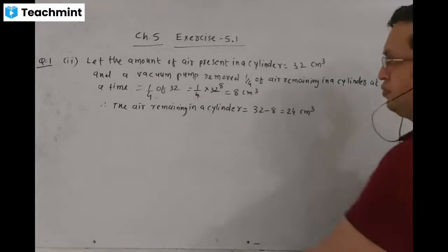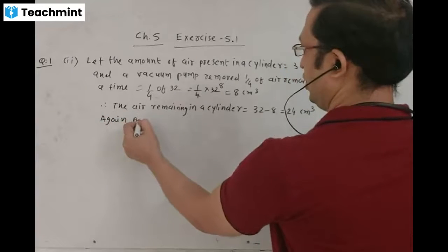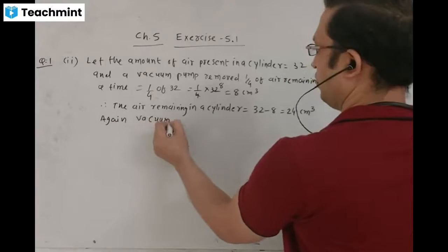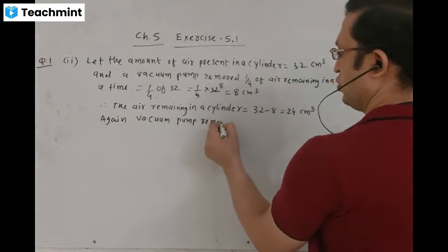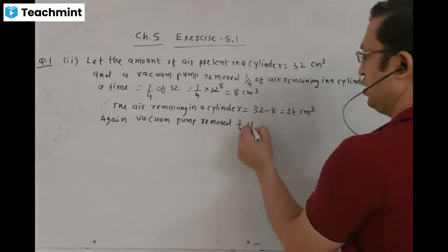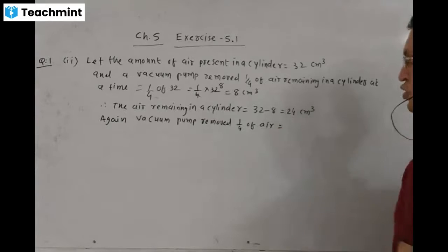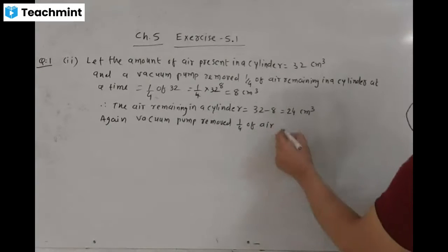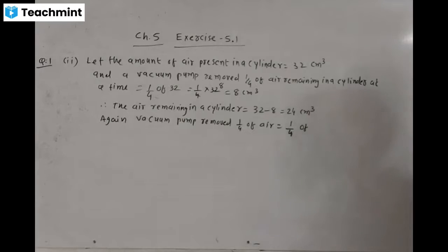The second time, again the vacuum pump removes 1/4 of the air. The remaining air in the cylinder is 24.